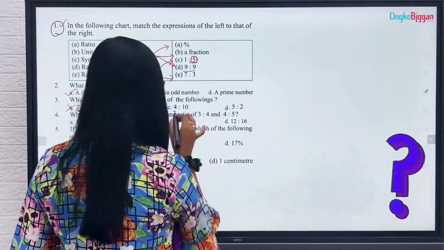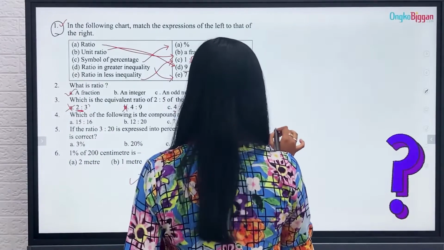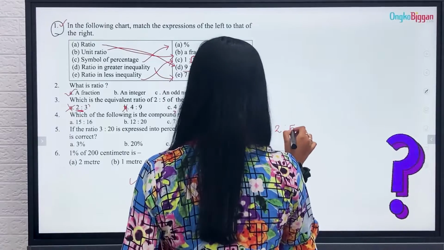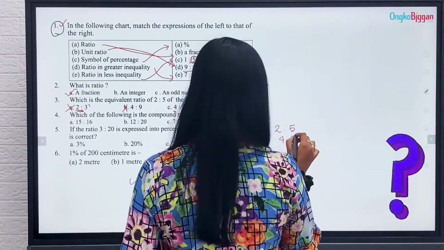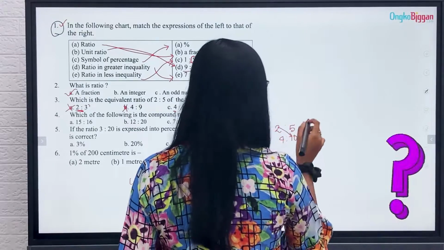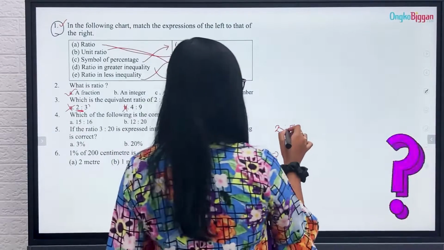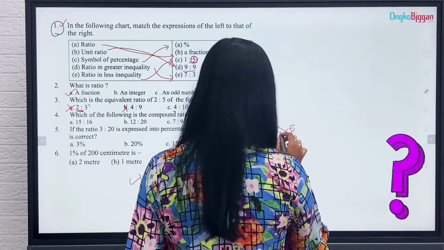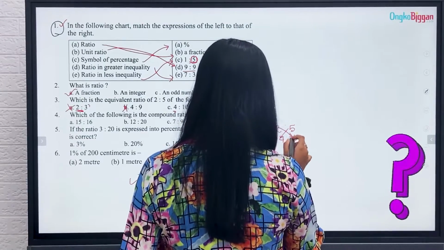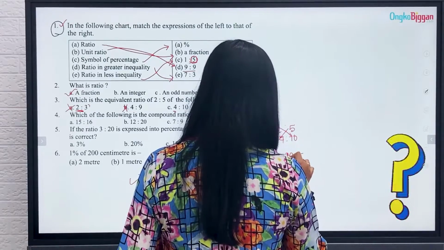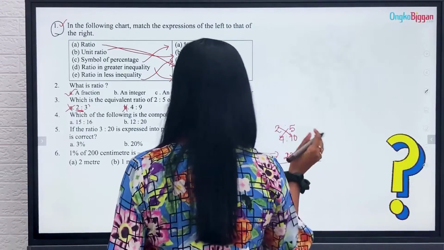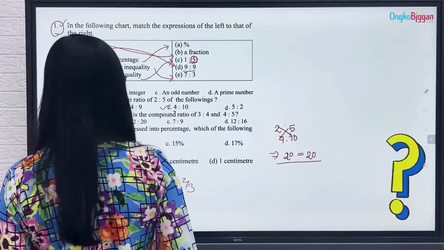So for option C, there is another process we know, that we have to cross multiply 2:5, 4:10. That means we multiply the first antecedent with the second subsequent, and the second antecedent with the first subsequent. That means 5 times 4 is 20 and 2 times 10 is 20. So you can see this is equal, so that will obviously be our answer.